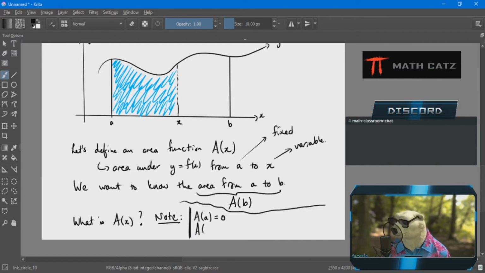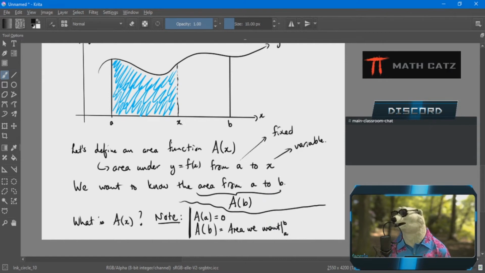And like we've said, if I plug in b, that is the area that we want. The area we want. Now let's name this. Let's just call it area we want. Let's break a line here from A to B. That's going to be our name. We can name it whatever we want. It's the area we want. Okay.